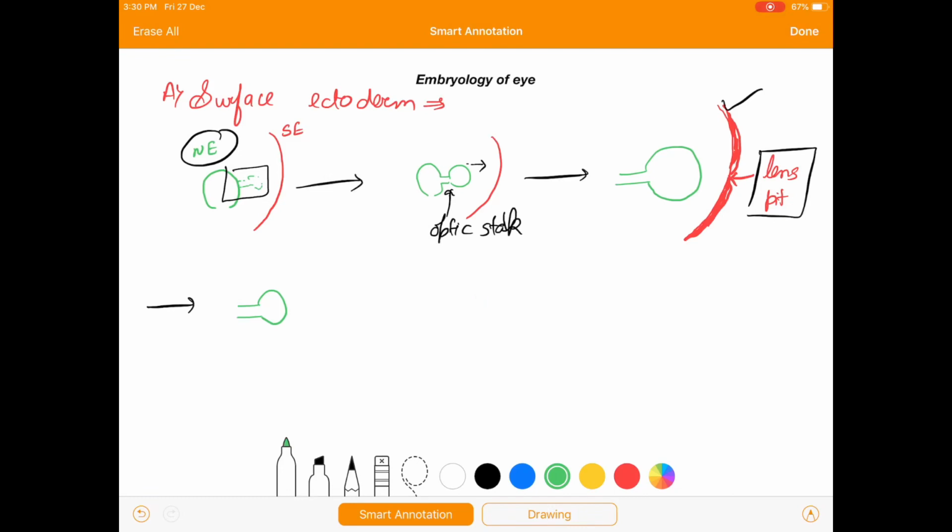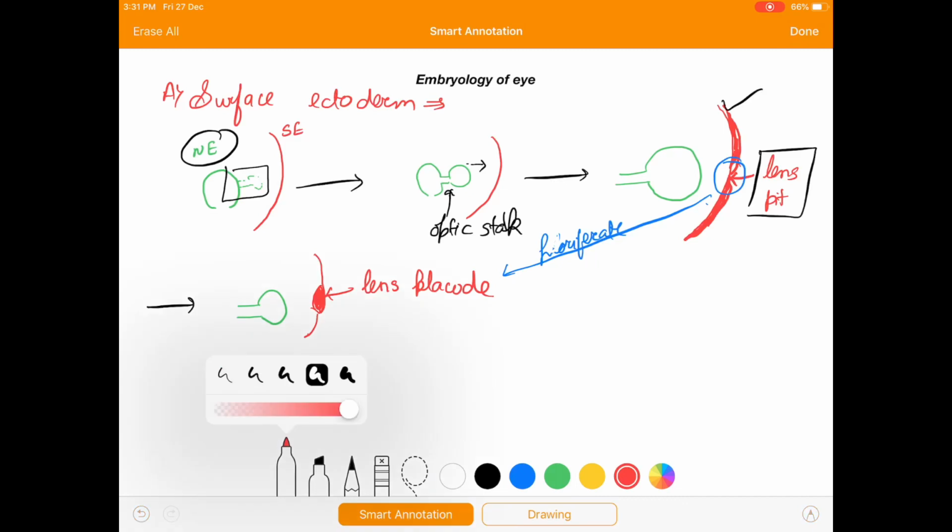Now what happens? We have an optic stalk over here. Near this pit, the surface ectoderm proliferates, which forms the lens placode. So the tissue near the lens pit proliferates to form the lens placode.